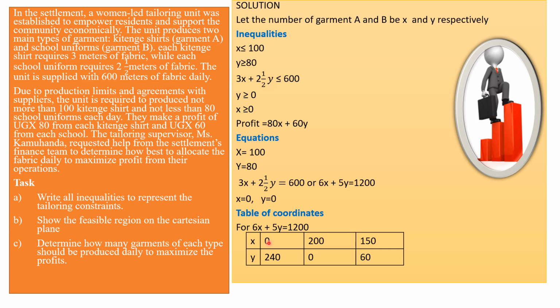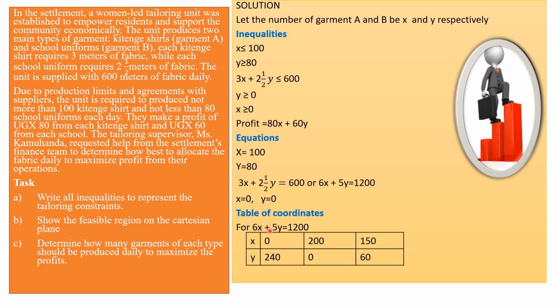When x is 0, so 6 times 0, that is 0. Then I'll remain with 5y is equal to 1200. You divide by 5 on both sides. 1200 divided by 5, I'll get 240.